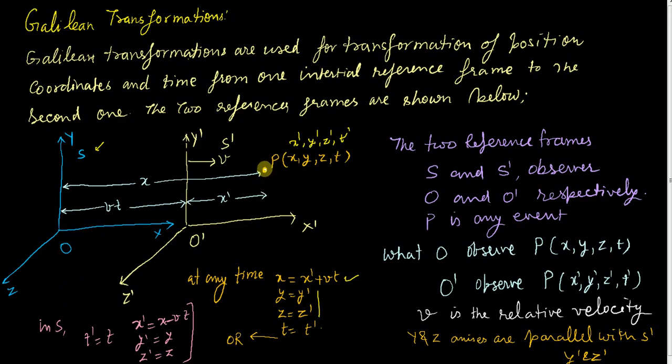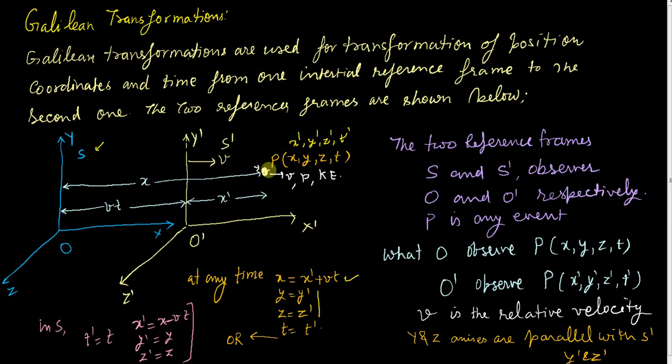Now we have this set of equations: x prime is equal to x minus vt, y prime is equal to y, z prime is equal to z, t prime is equal to t. Now suppose we apply some force on a particle of mass m, and it starts to move with velocity v. Then it will have momentum, kinetic energy, everything which is basically required in mechanics.